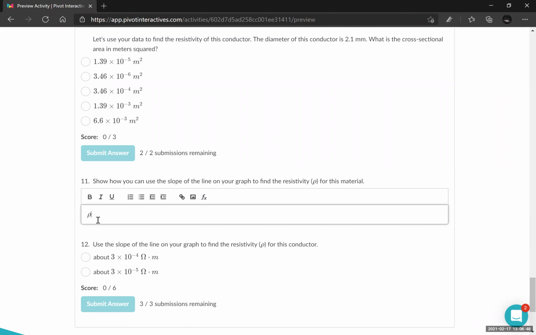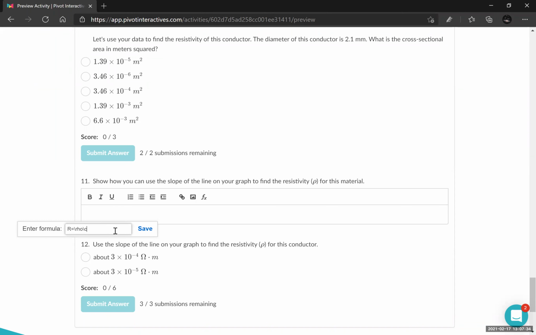So you can say, for example, if you want to write this, resistance equals rho, then multiplication will be backslash cdot.